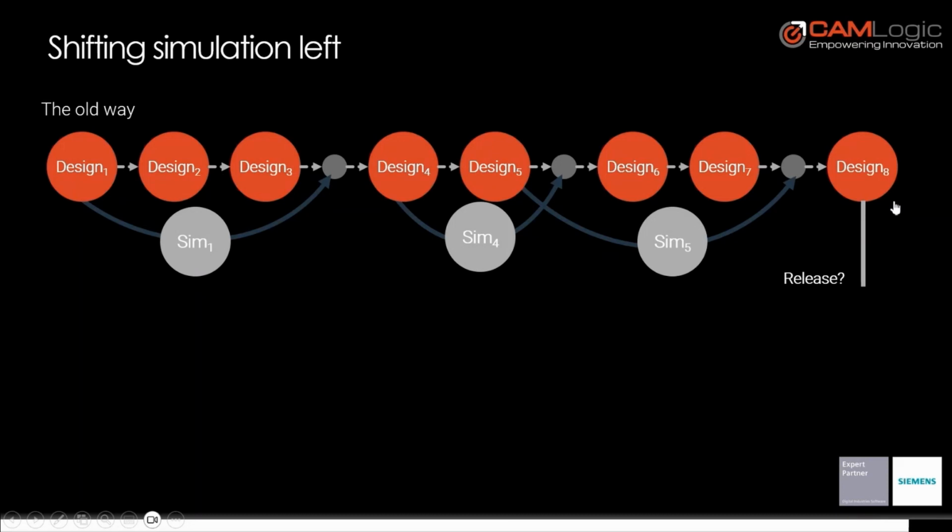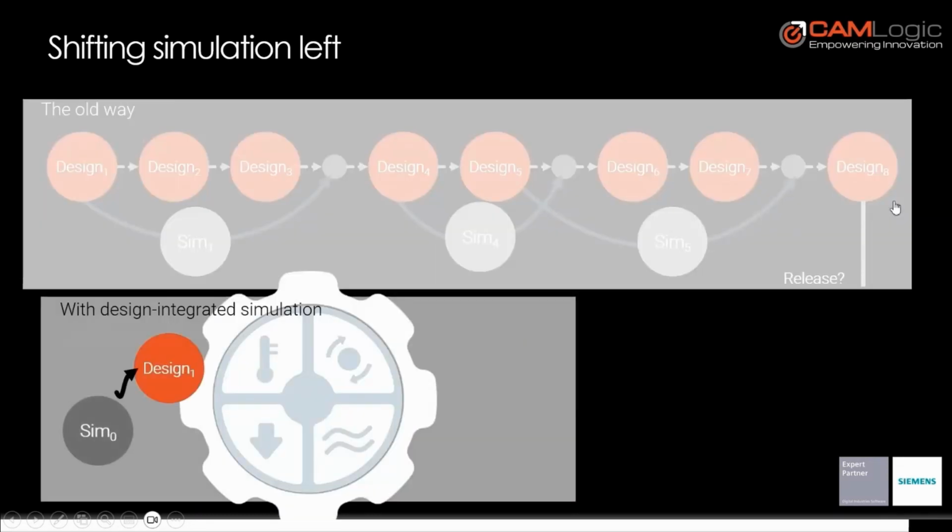One way to improve this process is by implementing simulation-driven design. In other words, using simulation earlier and more frequently in the design process. By using simulation-driven design, it's possible for designers to even use simulation to help determine their initial design shapes.